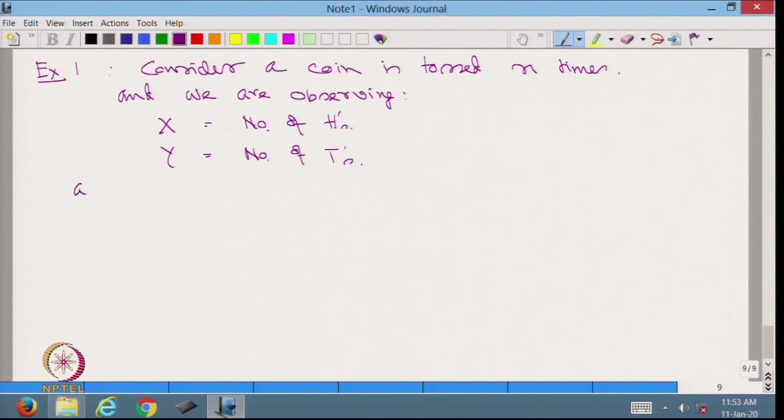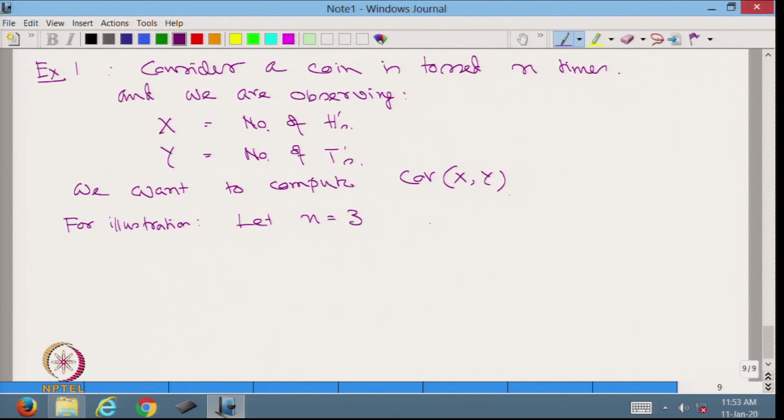We want to compute the covariance between x and y. So, how will I do that? For illustration, let n equal to 3 and p be the probability of head in a single toss.